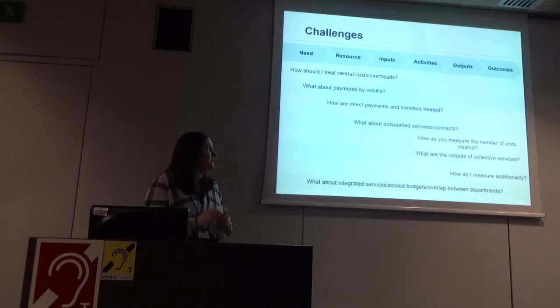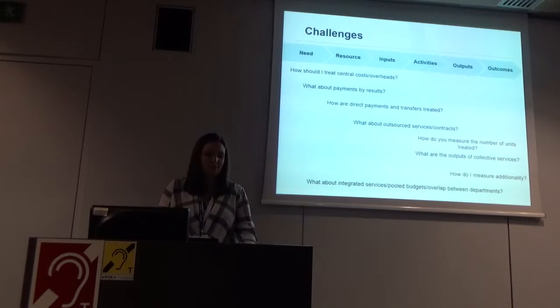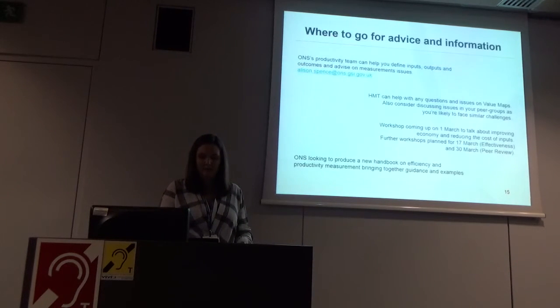But then you've got even trickier ones, like how do you measure the outputs of a collective service like defence, and the issue of how do you measure your impact on outcomes compared to everyone else's, which the later workshop will look at. So these are some of the types of questions that you might have.